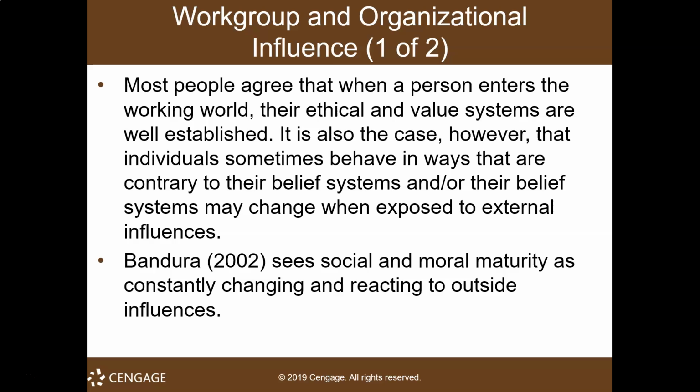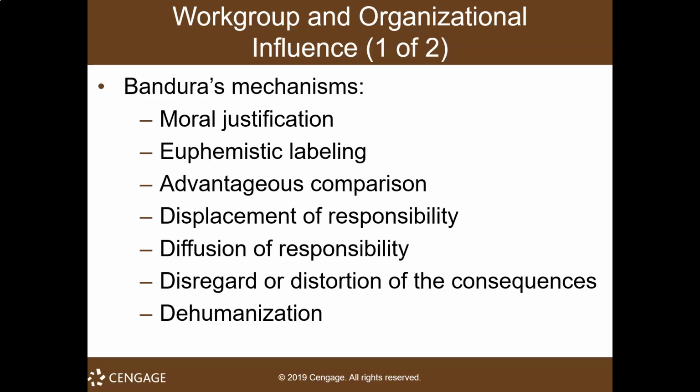Staying with Bandura a little bit, he sees social and moral maturity as constantly changing and reacting to these different influences that we're going to talk about. Let's look at some of the mechanisms he talks about.